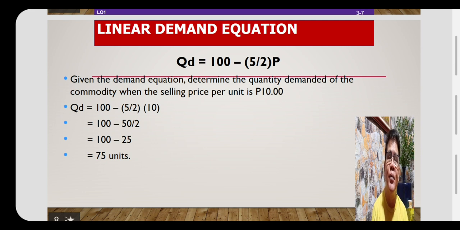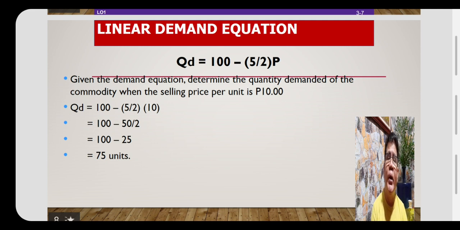Again, by substituting 10 for the P variable in the given equation, we have Q equal to 100 minus 5 over 2 times 10, which is now 100 minus 50 over 2. The numerator of 50 is just the product of 5 and 10, so 5 times 10 is 50.